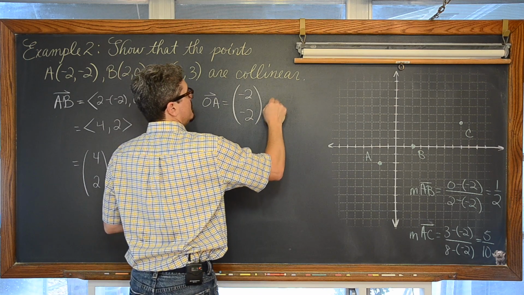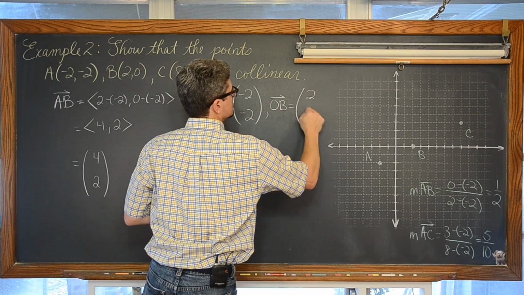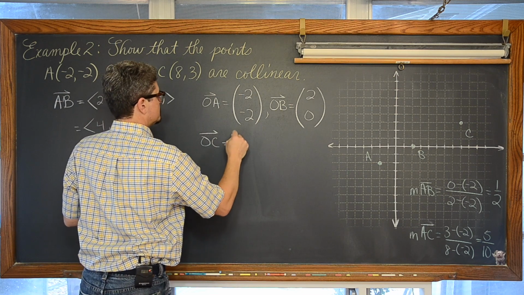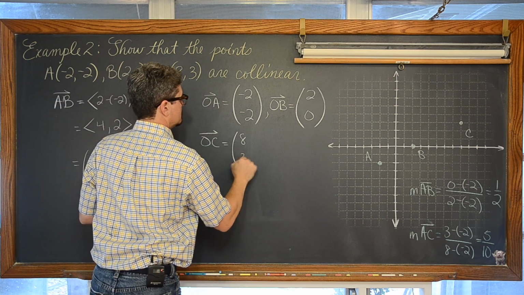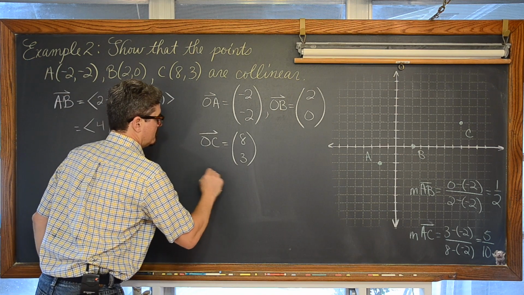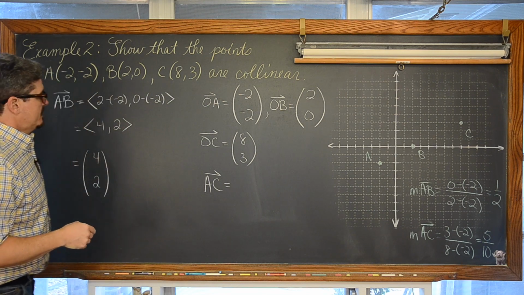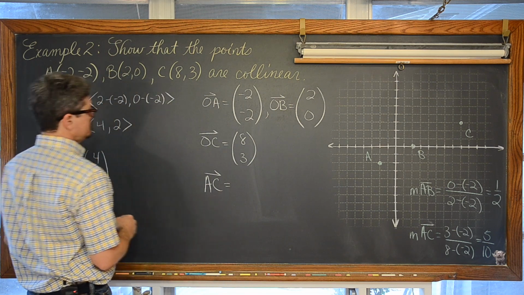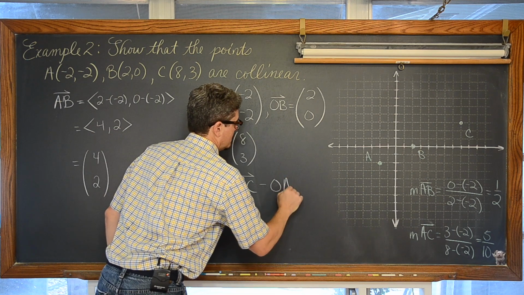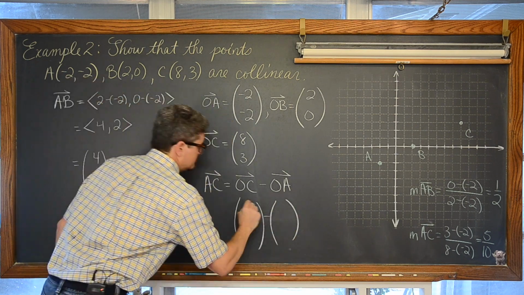Position vector for point A, position vector for point B, position vector for point C, and then with all of that, if we want vector AC, and I want to use that same initial point again, then that is going to be the result of doing vector OC minus vector OA, the position vector for C, minus the position vector for A.